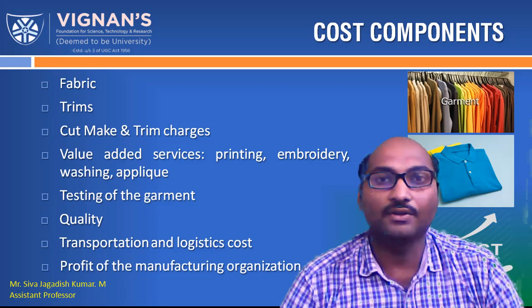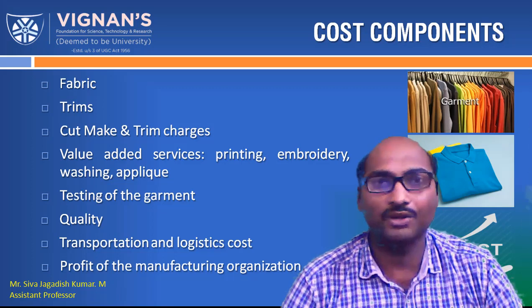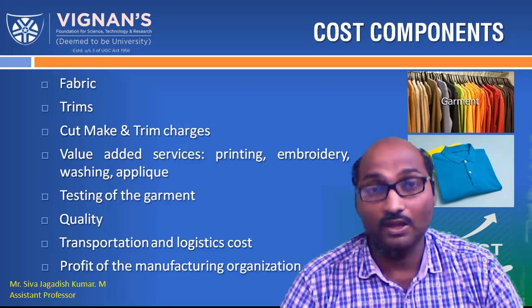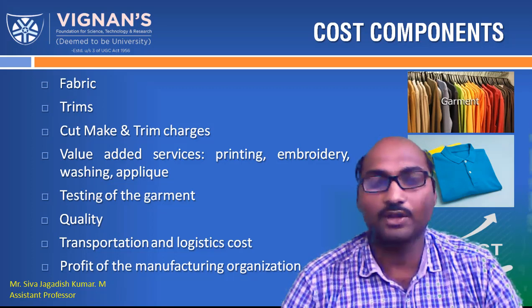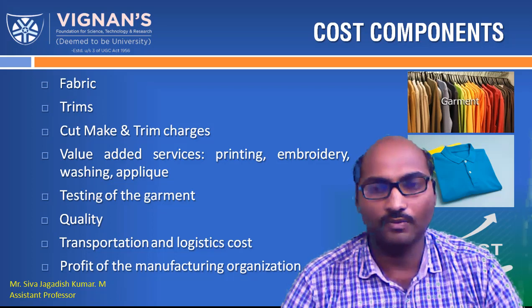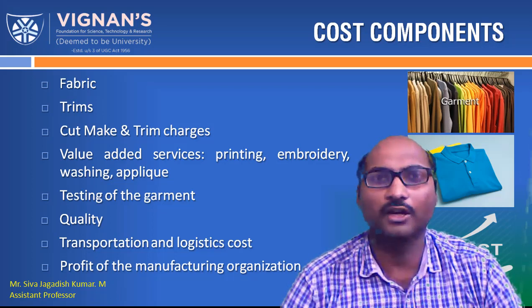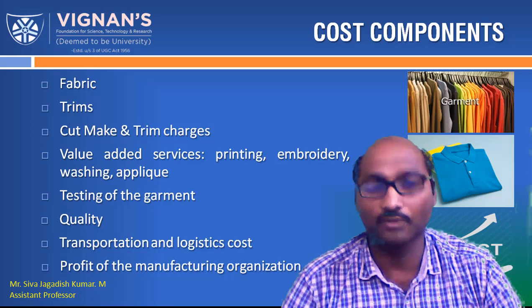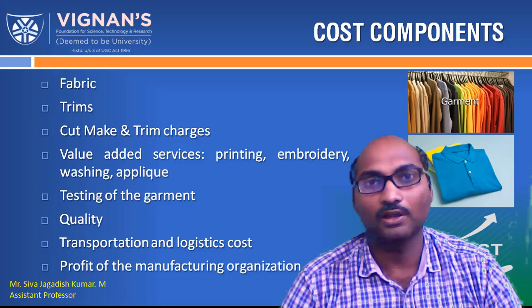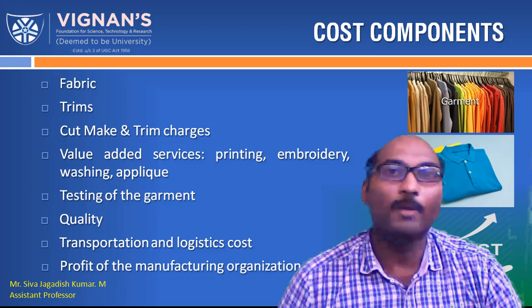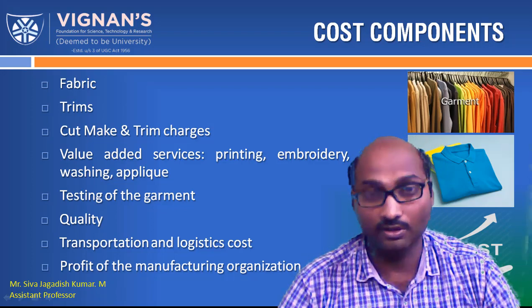The value added services like printing, embroidery, washing and applique we have also covered. The transportation and logistics cost I may give a little brief input in this video. And profit depends upon the manufacturing organization, isn't it?